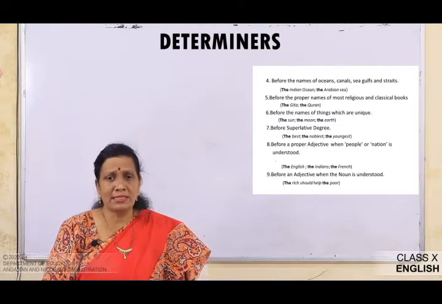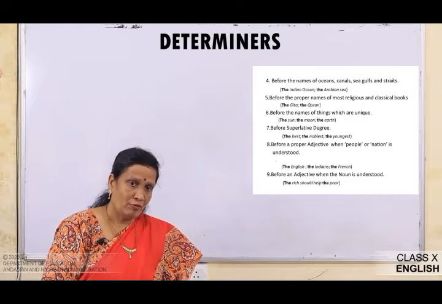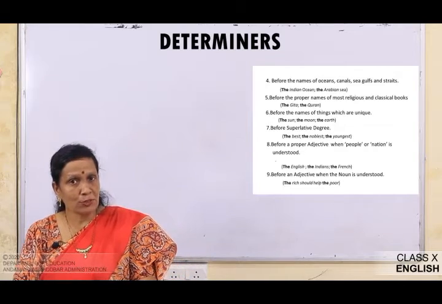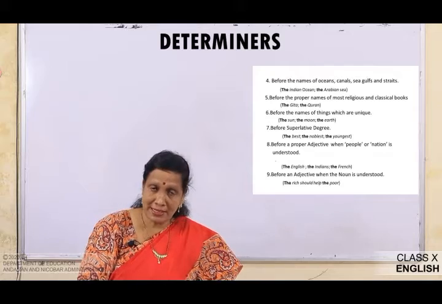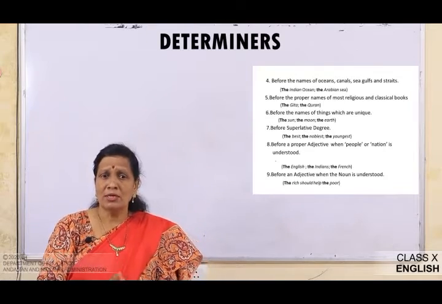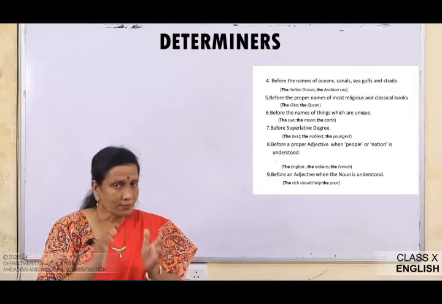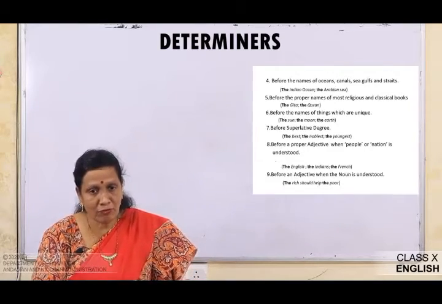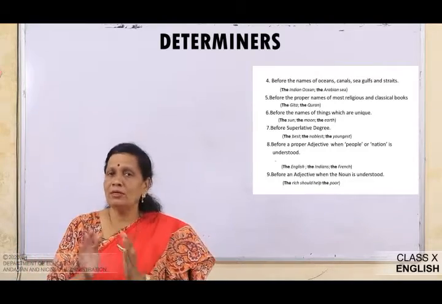Before a proper adjective when people or nation is understood. For example, the English, the Indians, the French, the Dutch, the Chinese, the Japanese. Okay, when we talk about the people or a nation, then we use the. And now before an adjective when the noun is understood. For example, the rich should help the poor.